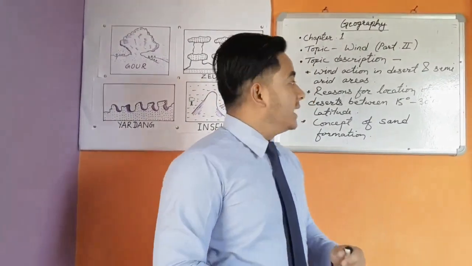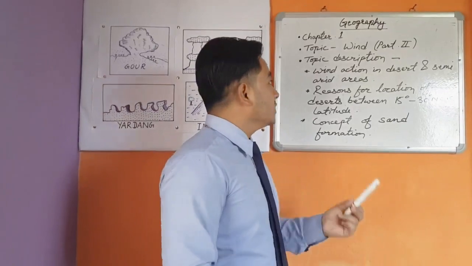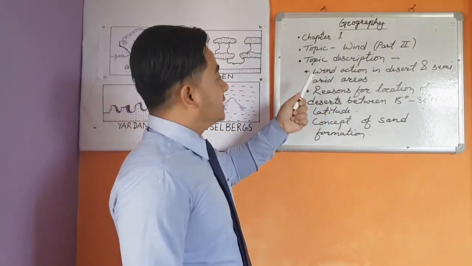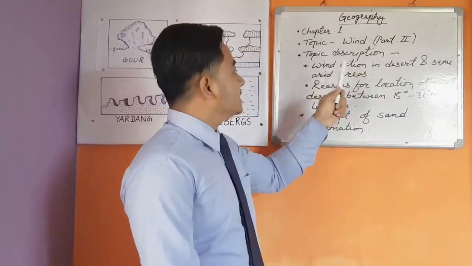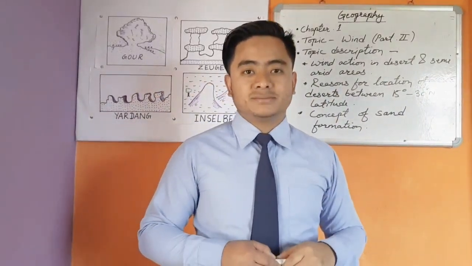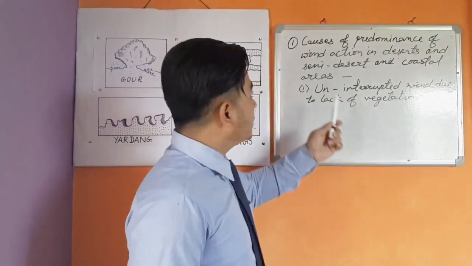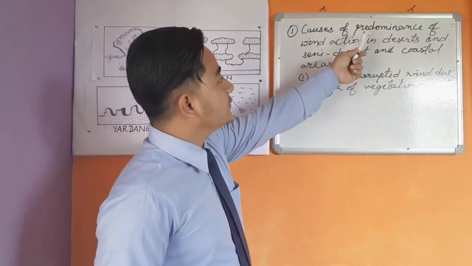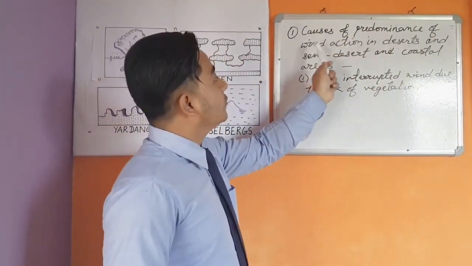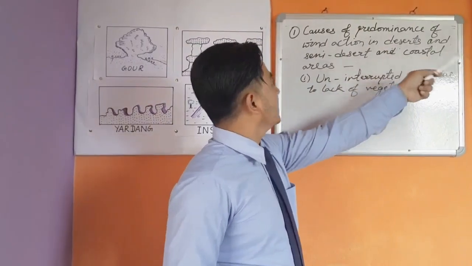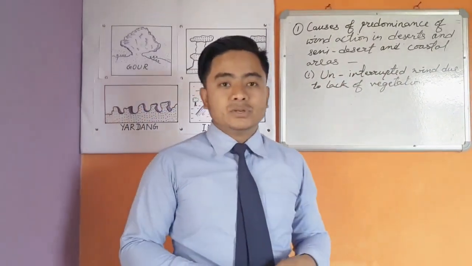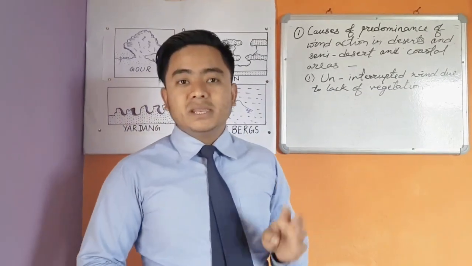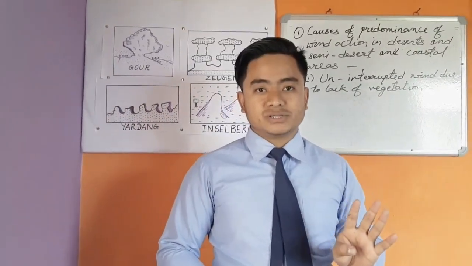So now let's first discuss the first point, that is predominance of wind action in desert and semi-desert areas. There are several causes responsible for the predominance of wind action in deserts, semi-deserts and coastal areas. In this lesson, we will mainly discuss 4 causes.